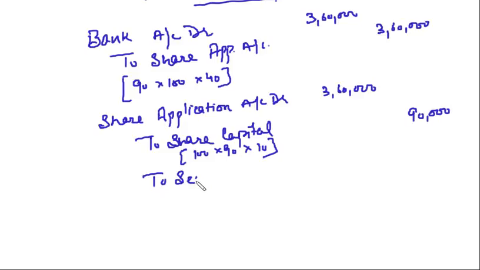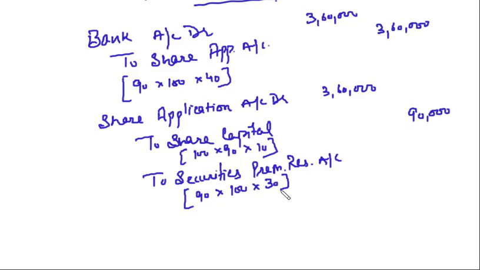And what will be taken to securities premium reserve? This will be 90 employees multiplied by 100 shares multiplied by 30 rupees as securities premium. So this comes to 2,70,000. Clear? So all the calculation will be done for 90 employees.